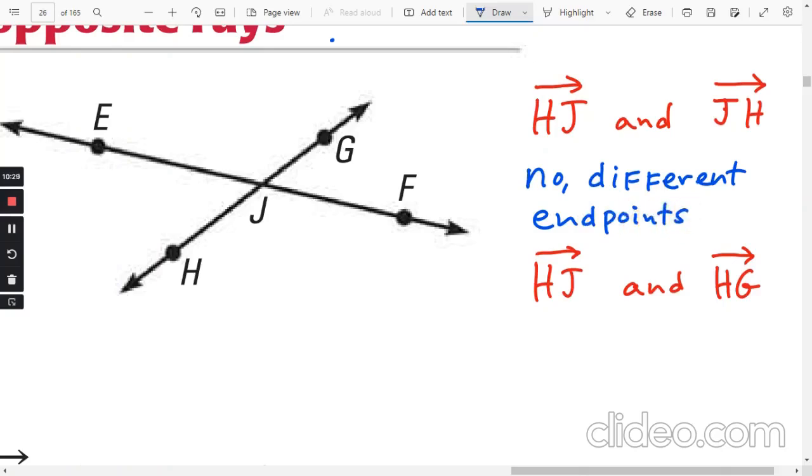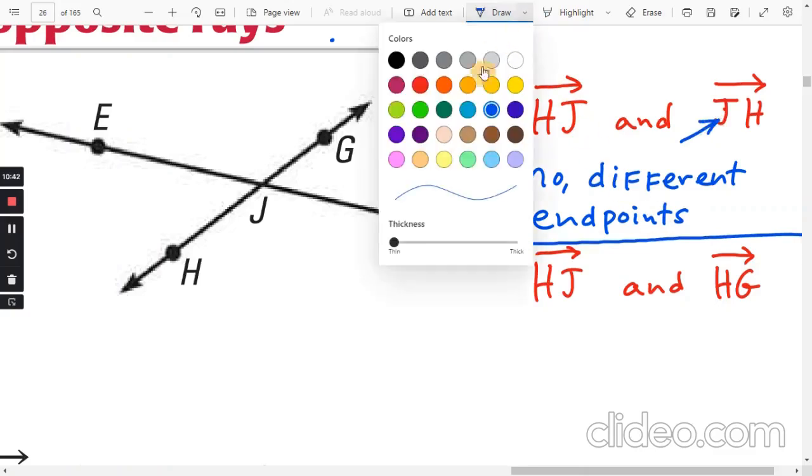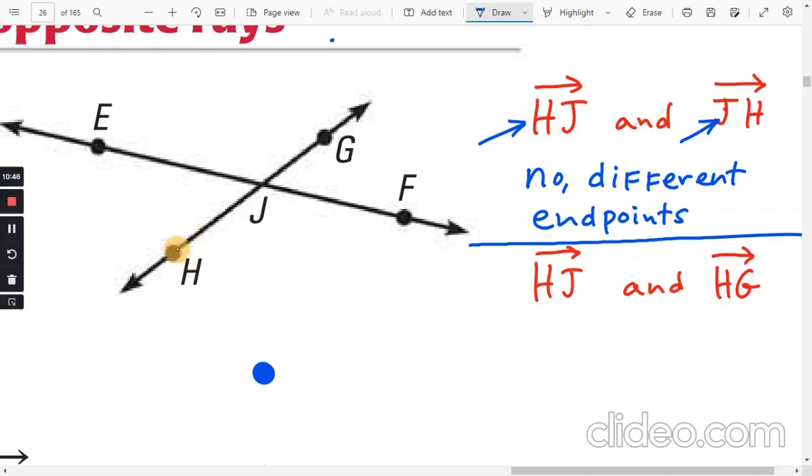All right, without even looking at the diagram, I can see this one starts with H and this one starts with J. So there is no way those could be opposite rays. And if you trace each one, HJ is like that.